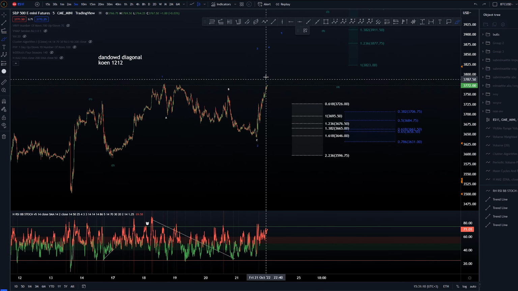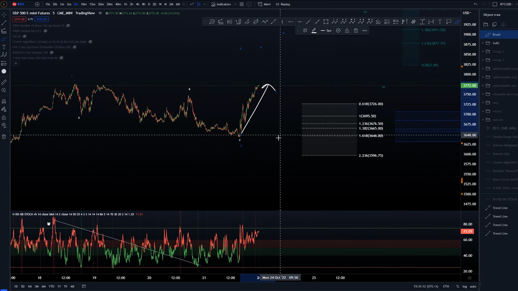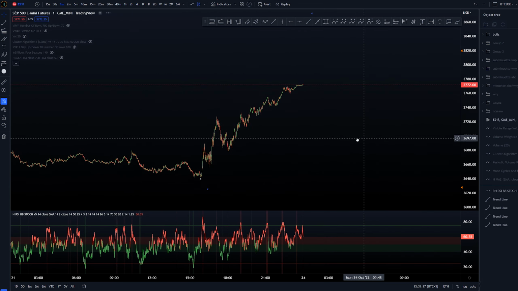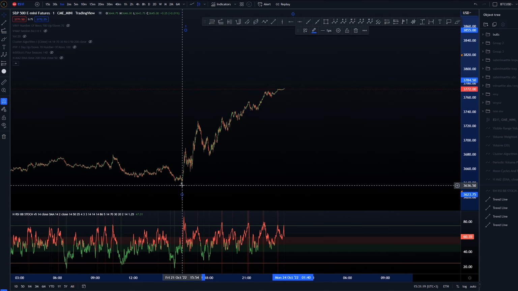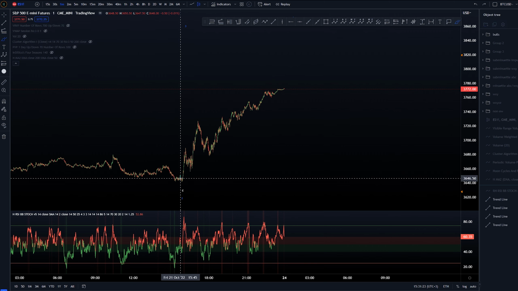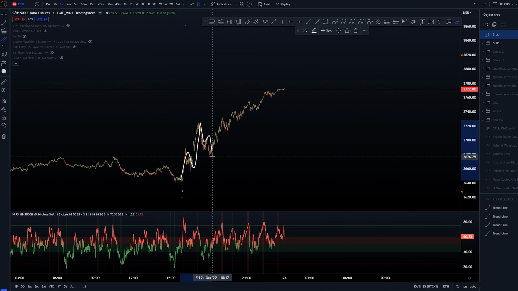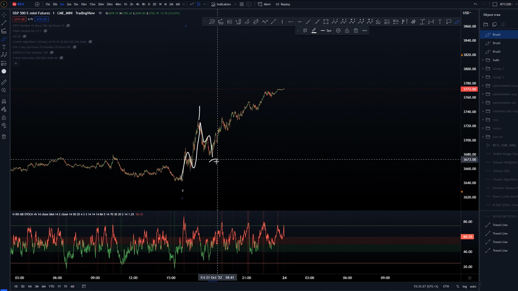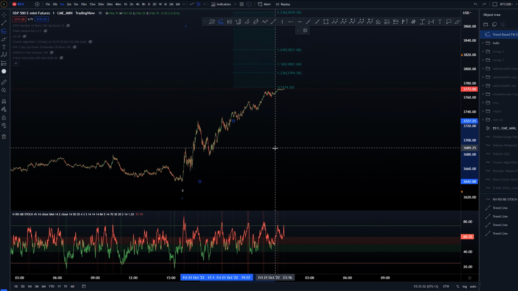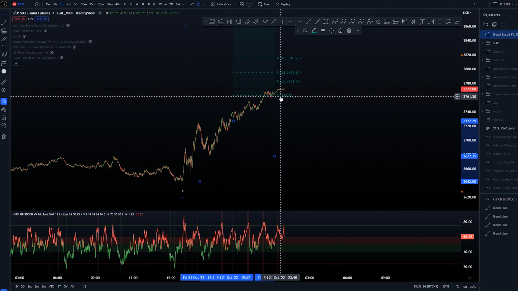So expectation now would be that we would be going higher. However, at the moment, it does look like it is kind of three-wave structures in these very small time frames. So I'm not quite sure what this is building up. Is it possible that we're going to be getting some kind of diagonal in here, where this would be a wave 1 and this would be wave 2? Of course, it is possible. However, again, we have already extended quite far out, even beyond the 1-to-1.